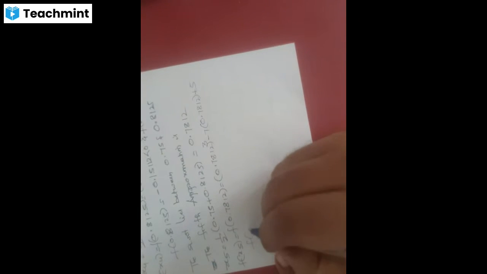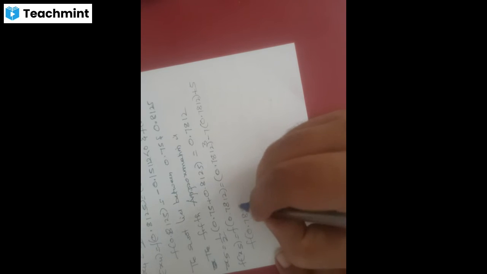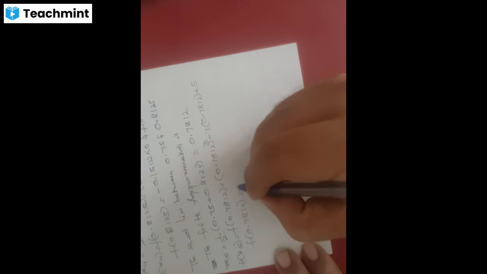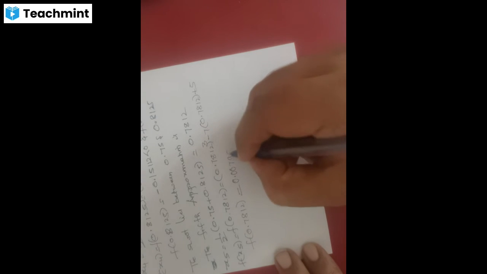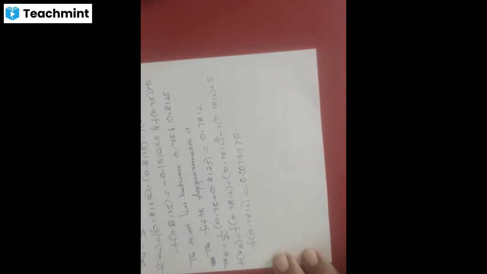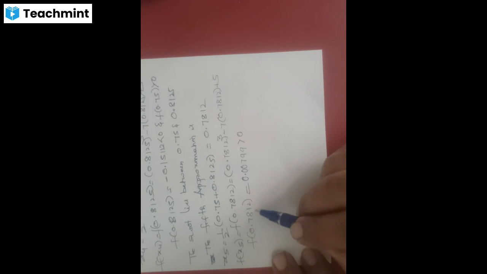Therefore, f of 0.7812 is equal to, simplification gives, plus 0.00799, which is positive. So f of 0.7812 is positive.